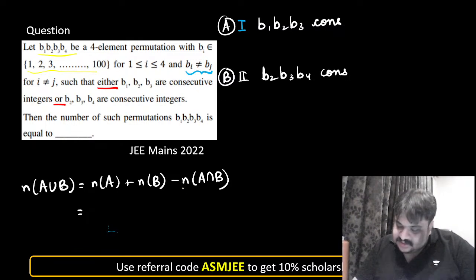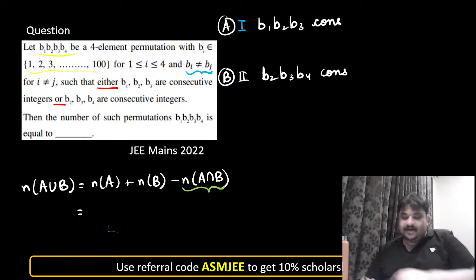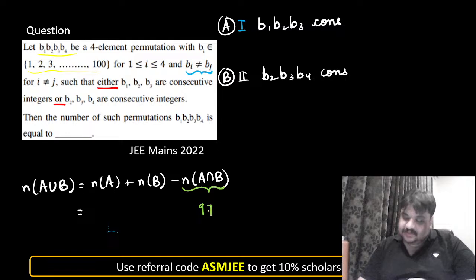Okay. So this one looks the easiest, 4 consecutive. So for 4 consecutive, you have 97 options because right from 1, 2, 3, 4 to 97, 98, 99, 100, you have 97 options here. This is direct, 97.